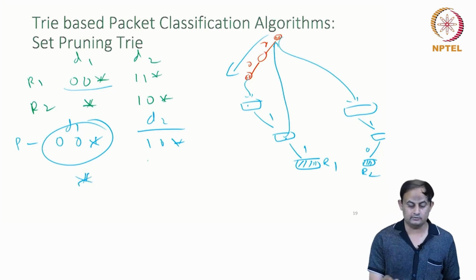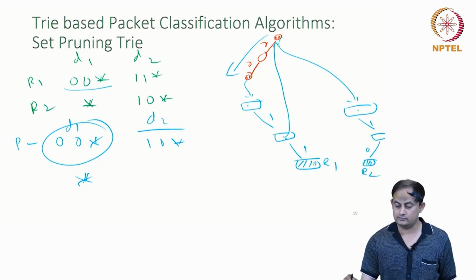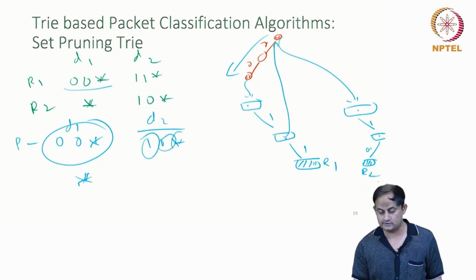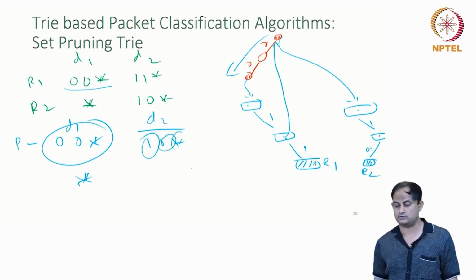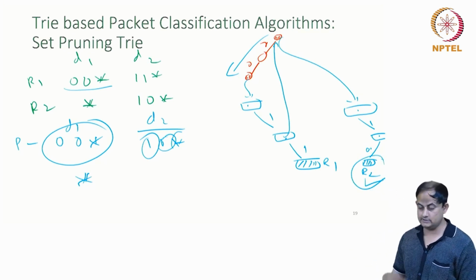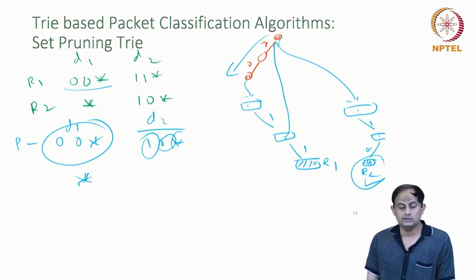Now I try to read 10 star. So I come to this node, 1 I come here on dimension D2, and then on the 0 I come to this node. Okay, that is matched. Now I say that for 00 star, 10 star, rule R2 is the one which is applicable. This is the best match that I can find.